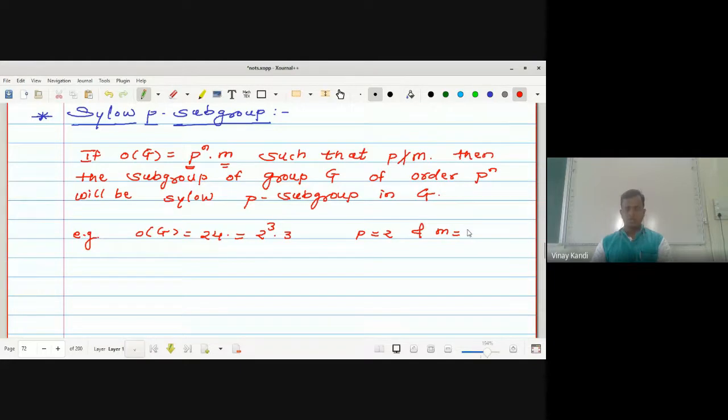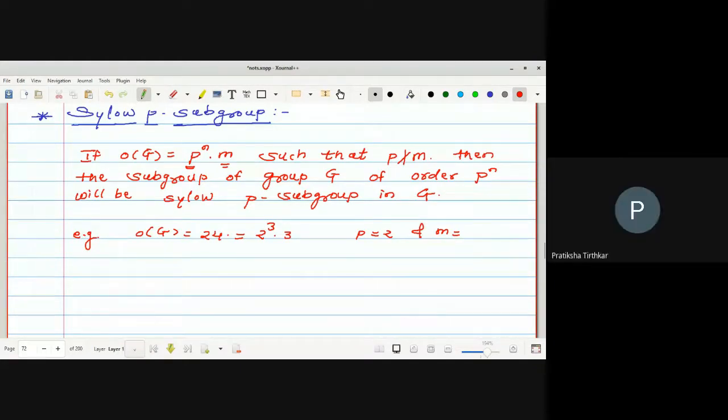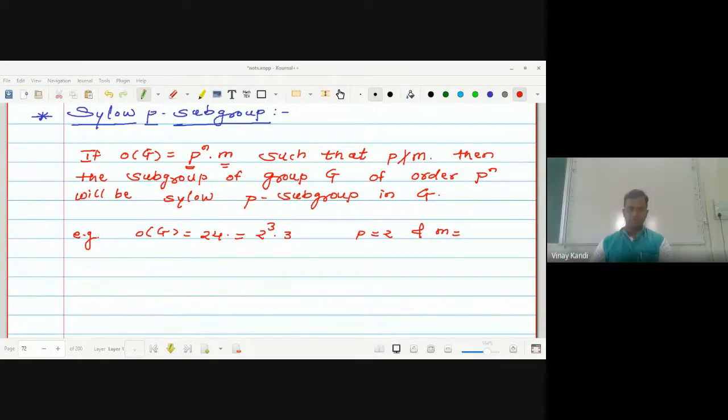Anyone? What is the value of M? 3. Okay, M is equal to 3. So here 2 does not divide M, that is 3. Is it correct? So in this group, there exists a subgroup.